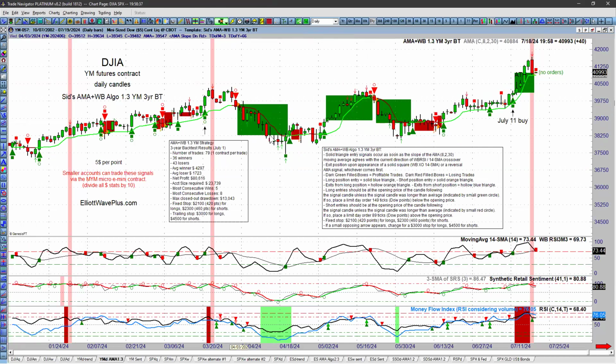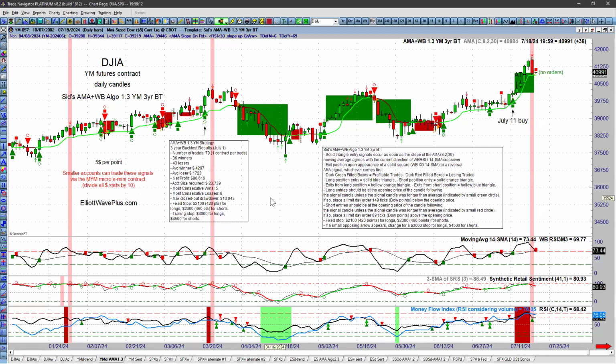So the big green blocks are theoretical winners. Had the current settings been in place for the last 3 years, it would have had a winner here, a winner here, a winner here, a loser here, a loser here, break even, and it'd be on a winner now, but it's getting really close to suggesting exiting that trade.